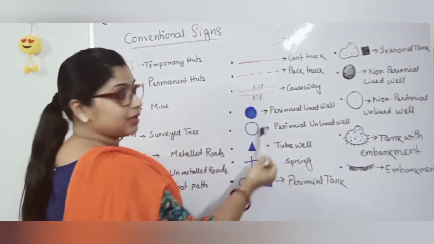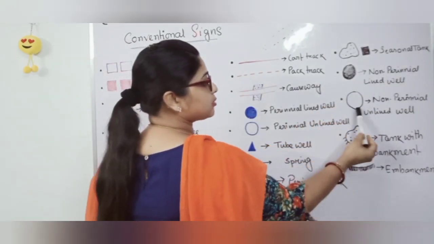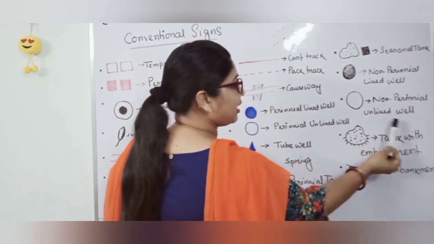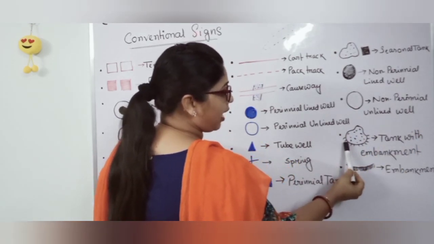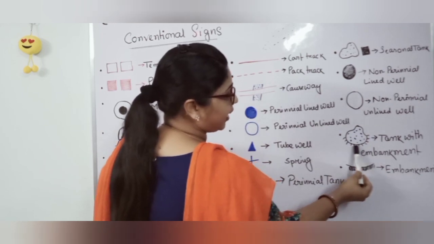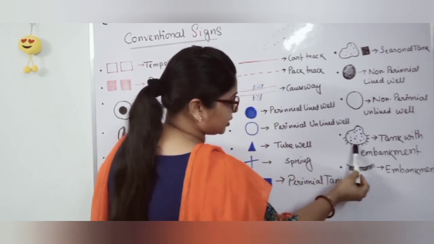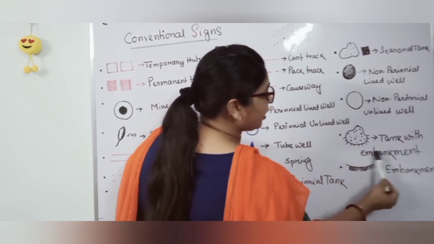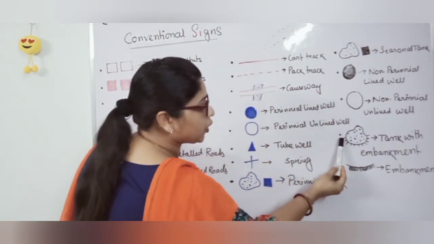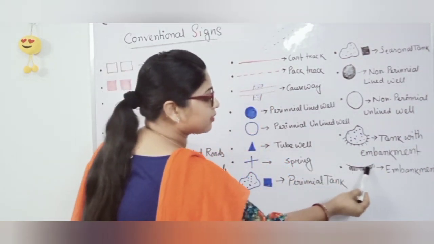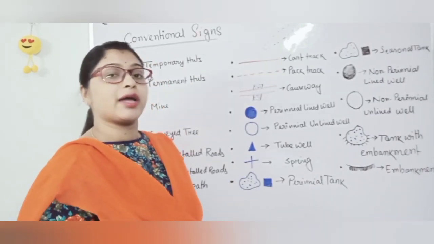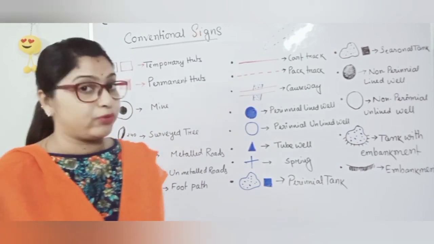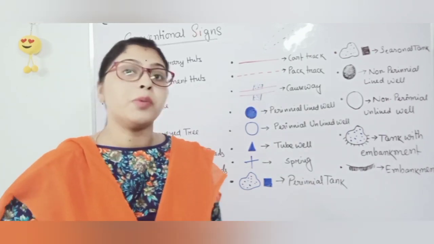Here it is perennial, and this is non-perennial. The black hollow circle is non-perennial unlined well. Here the tank having this kind of sign is a tank with embankment. Not only with a tank, if this kind of sign is there, it is showing embankment. Even this kind of embankment can be at the side of a river or other water bodies.